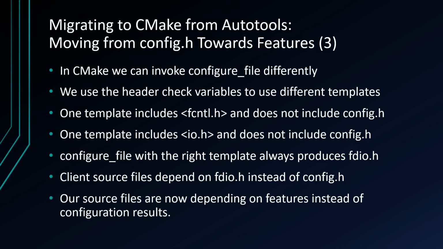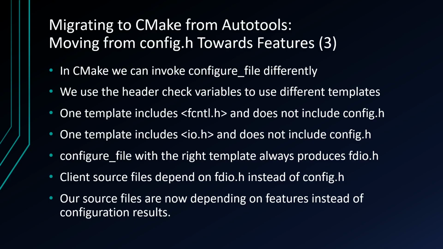In CMake, we can invoke configure_file differently. We can have one template that includes fcntl.h and does not include config.h, and another template that includes io.h and does not include config.h. We invoke configure_file with the right template to always produce this file descriptor io header. Now we just include that for any client that wants to do file descriptor IO.